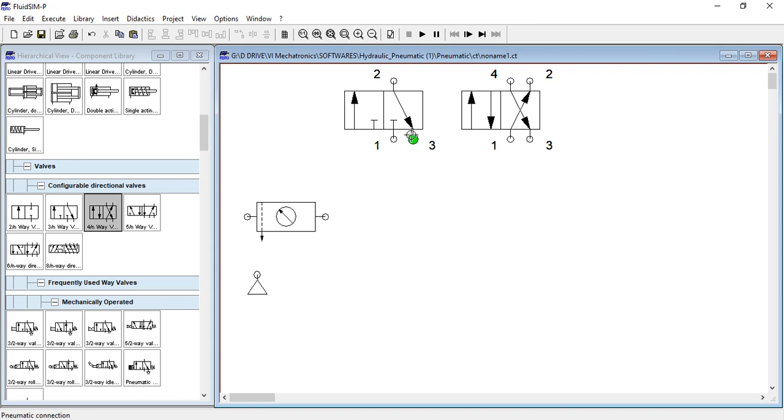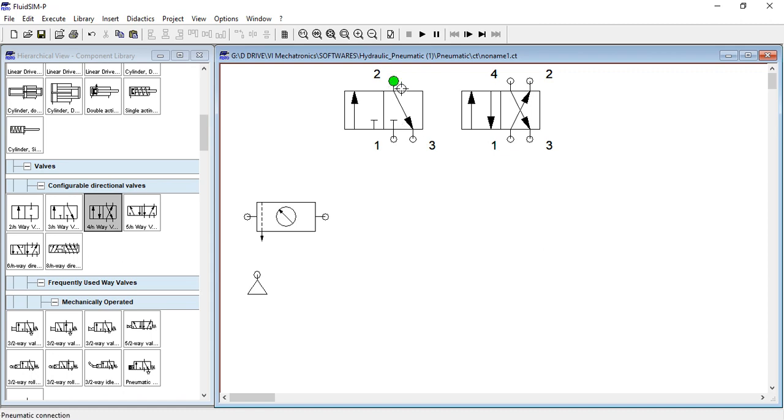Port number 3 will always be a return port, and it is always exhausted to the atmosphere, because as this is pneumatic, we have air, so there is no harm in expelling it to the surroundings. So this is the return port. That's why 1 and 3 are input ports. To 1 you will supply compressed air, 3 will be returned to the atmosphere.